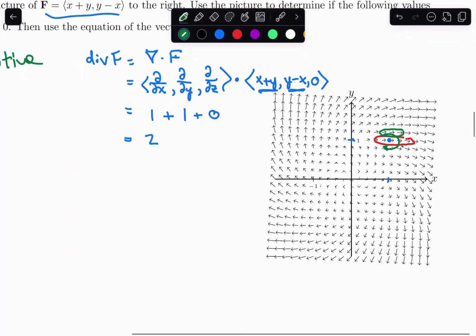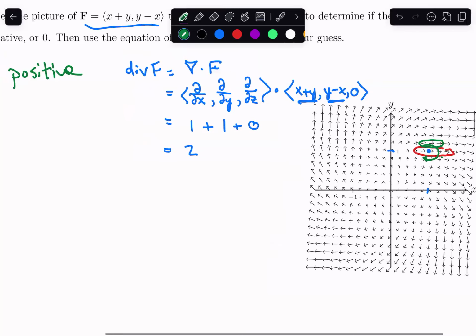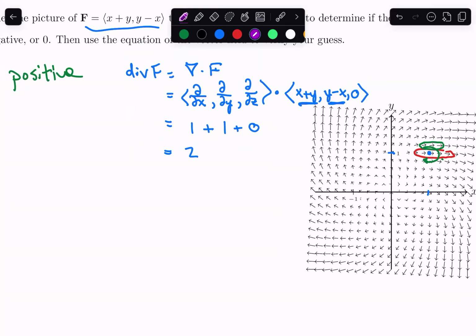All right, so I think this is going in a clockwise direction. Now notice that I'm not imagining there's going to be any circulation in anything except for the XY plane. After all, in this entire picture, there's no Z's here. And so I'm imagining that my third component, which has to do with the rotation in the XY plane, is the piece that should be negative, aka it's going in a clockwise direction.